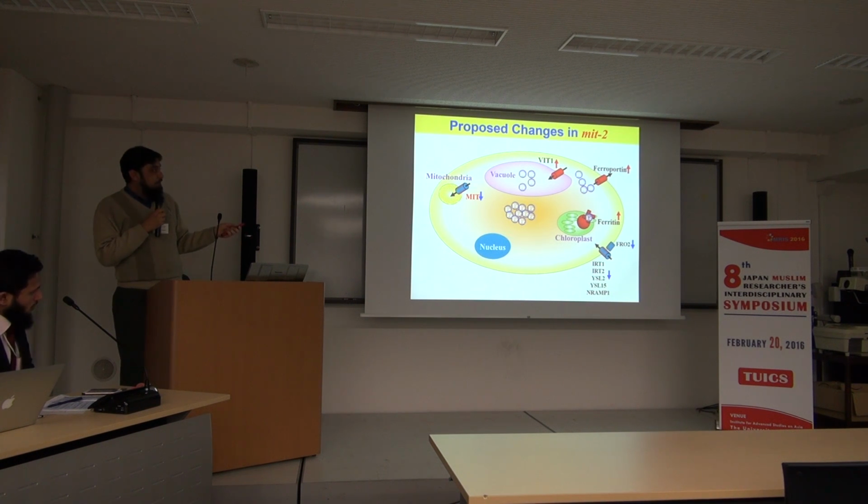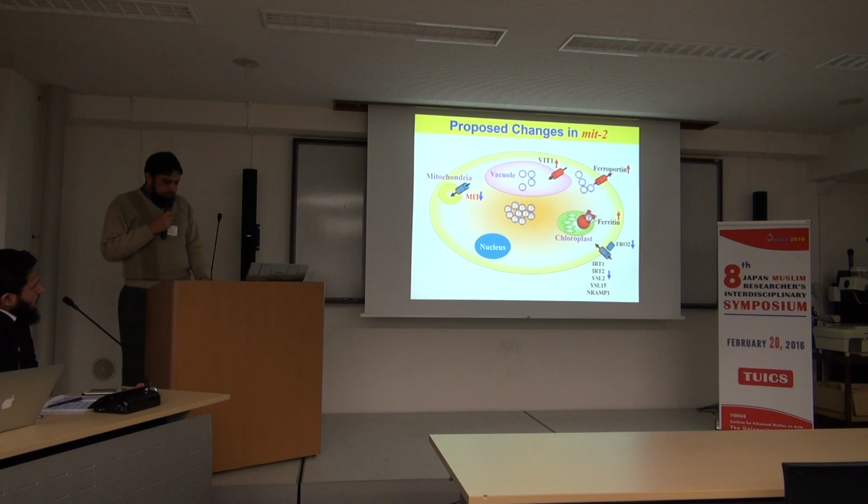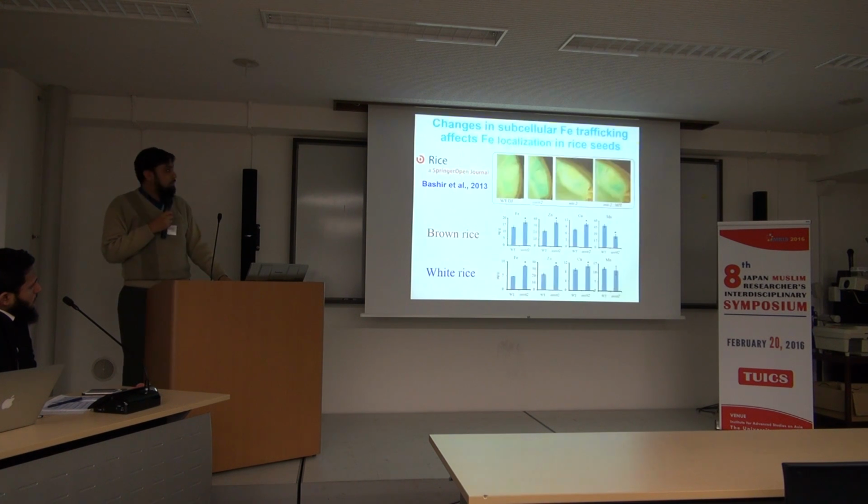And what happens actually, the plants accumulate iron in the cytoplasm. And this iron becomes toxic. So to avoid this toxicity, they upregulate many genes and store it in vacuoles. Sometimes they divert it to chloroplasts, and they use these different mechanisms, and we understand it reasonably well.